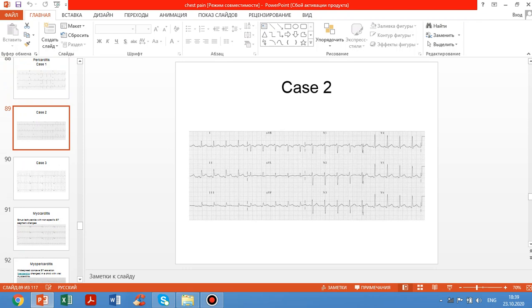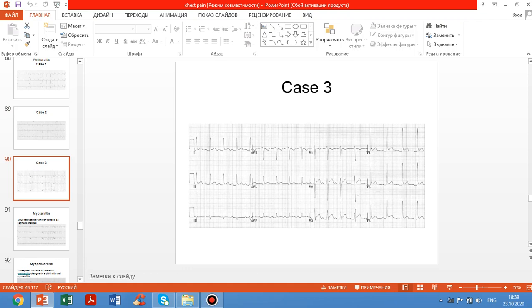ST elevation and PR depression in first, second, third, and AVF leads, and reciprocal changes in AVR. ST elevation and PR depression in the first, second, and AVL also, and reciprocal changes in AVR leads.